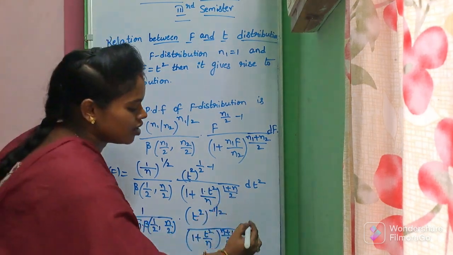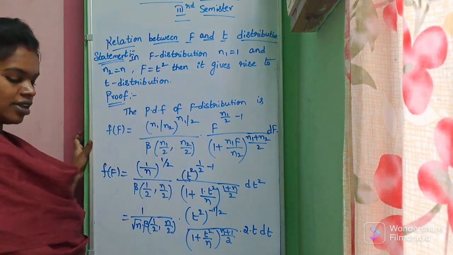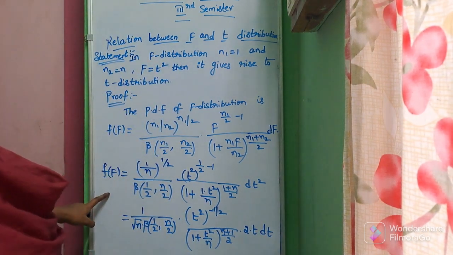We have to differentiate this, so d(t square) is 2 into t into dt. We can get this. After that, we have to simplify this one.